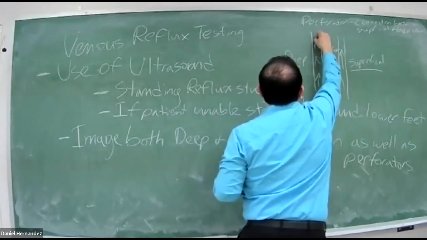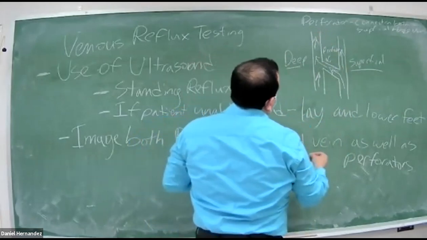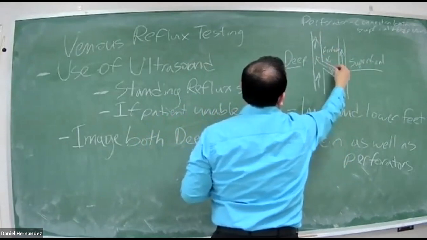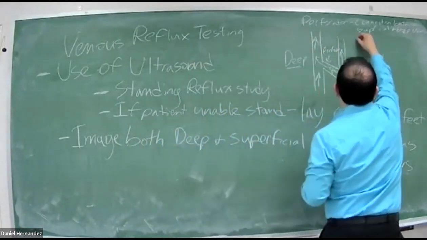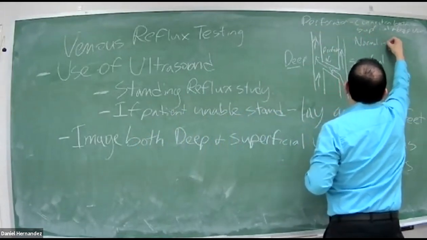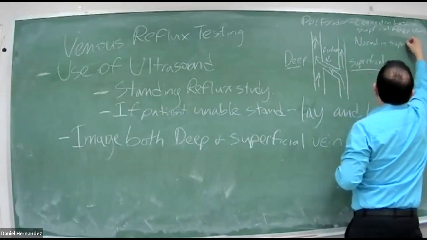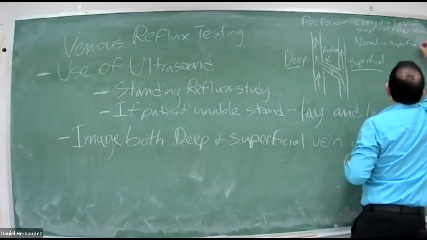So blood wants to go back up to the heart. So in these perforator veins, blood's coming up, travels across the perforator vein from the superficial into deep. So blood flow normal is superficial to deep.